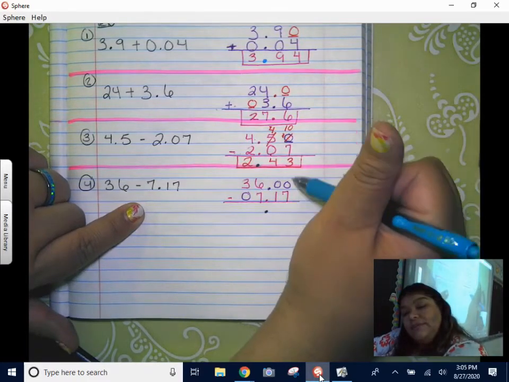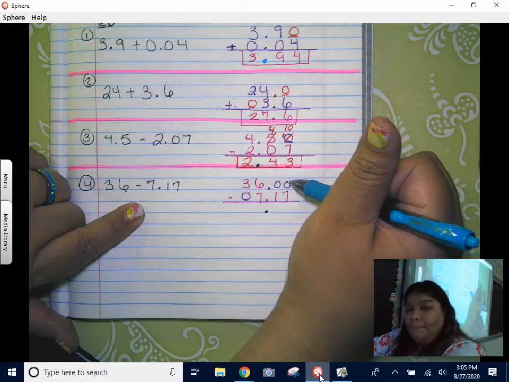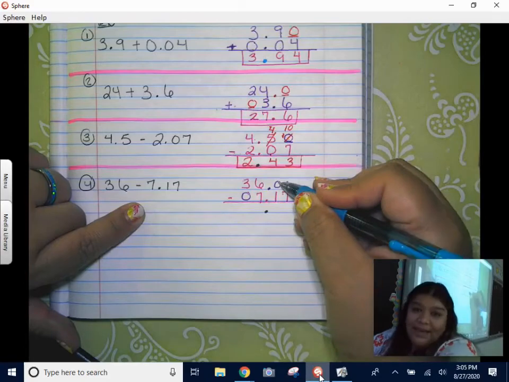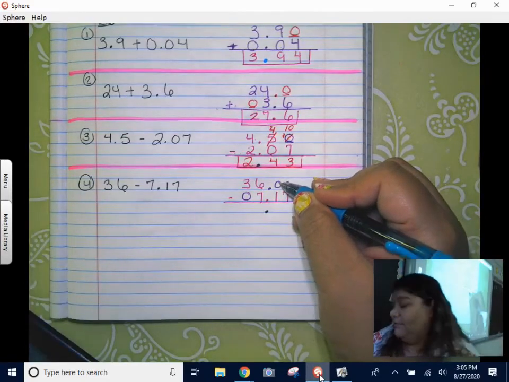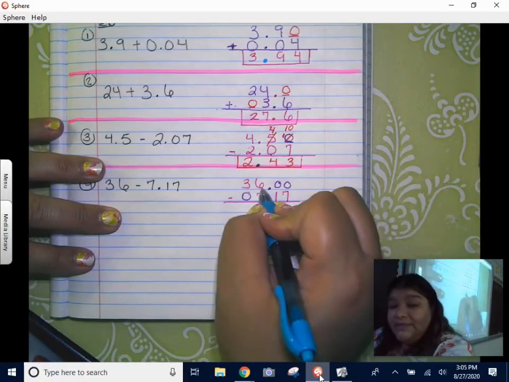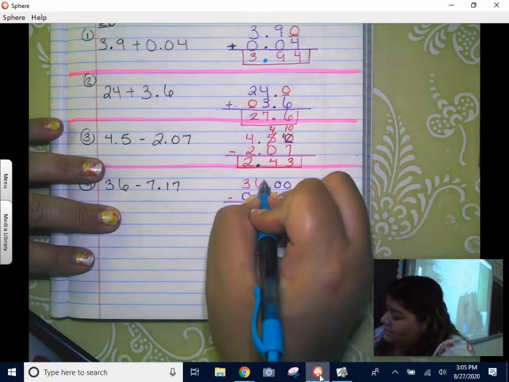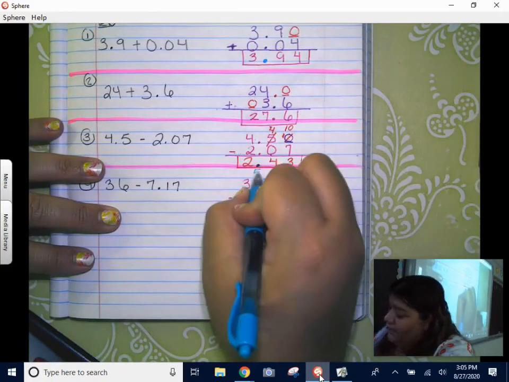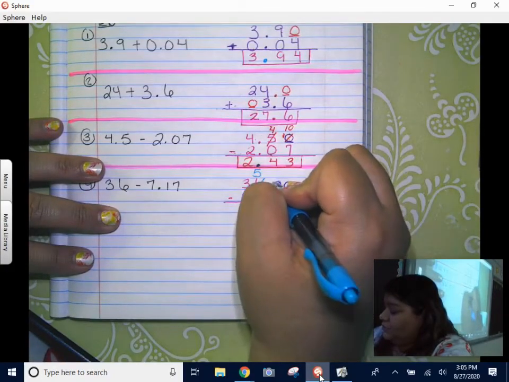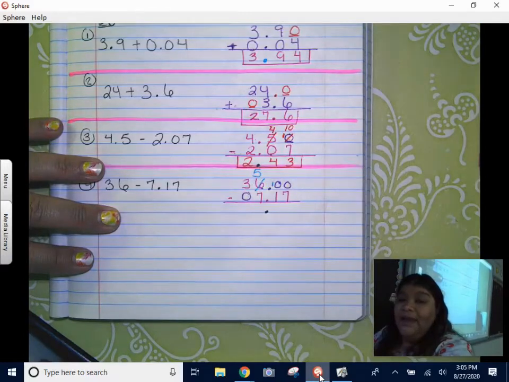Can I take 7 from 0? Borrow. Can I borrow from this 0? He has nothing. He goes, I have nothing to give you, dude. Got to go next door. Go to his neighbor. So you go to your next neighbor. Can you take away from 6? Definitely. So the 6 turns into a 5. Okay. And this one turns into a 10. Now that he has 10, can you borrow from the 10?